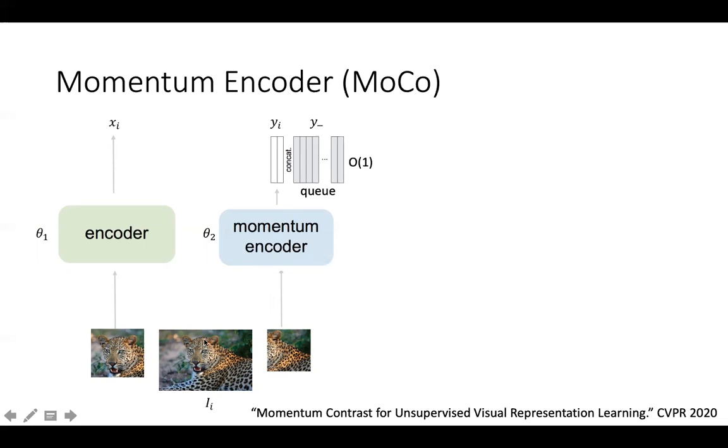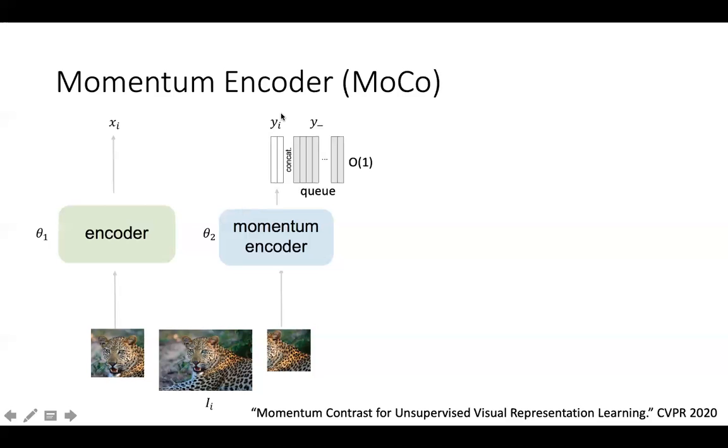So what they do is they have one image with two different crops, and this is an online encoder that helps you get the anchor feature point xi, and the momentum encoder is updated very slowly, so that features extracted by this momentum encoder will mostly be stationary. The distribution of the features will not change significantly. Therefore, you can use the momentum encoder to compute the yi on the fly.